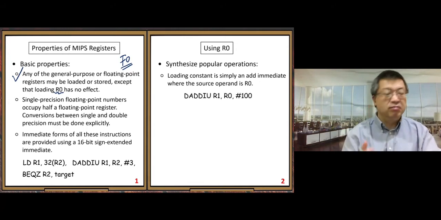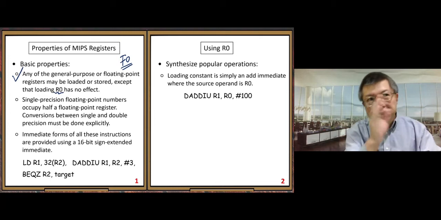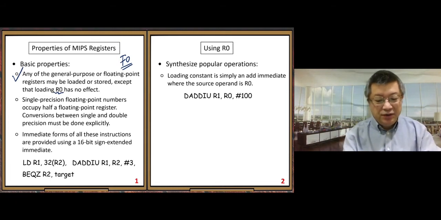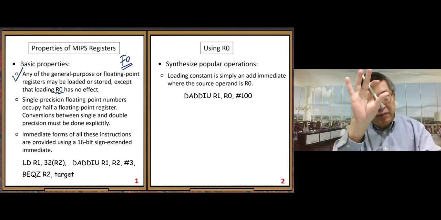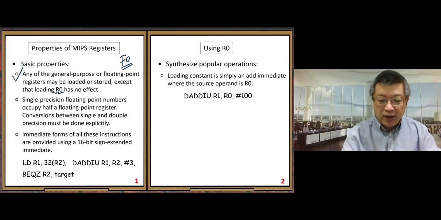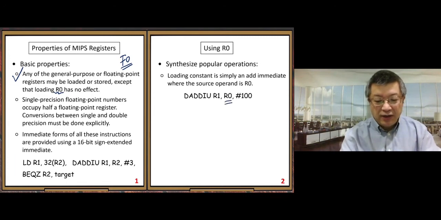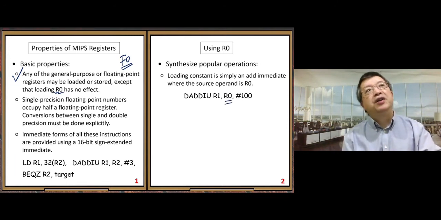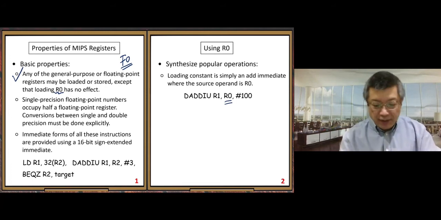The example is like this. You do addition. I type ADDI, addition, but your RT, RS, because this is immediate field.